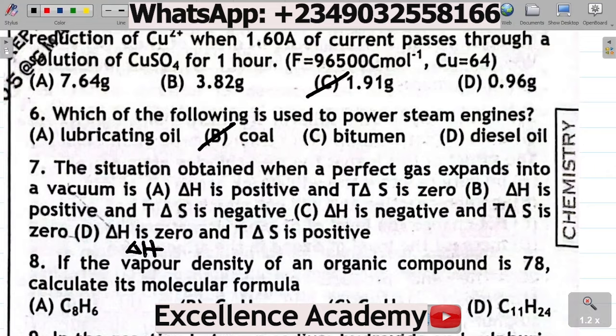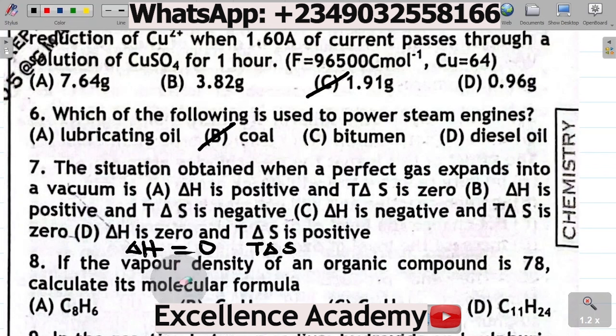First, the change in H, that's the change in enthalpy, would be equal to 0. And of course, the change in S, which is the disorderliness or entropy, will be positive because the gas is literally expanding. So the entropy would increase.